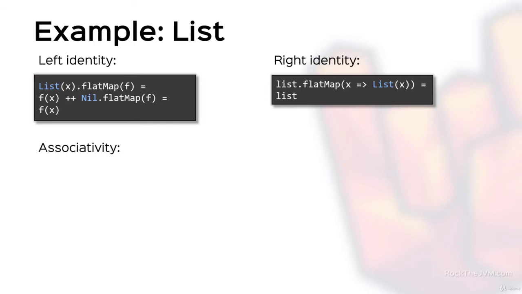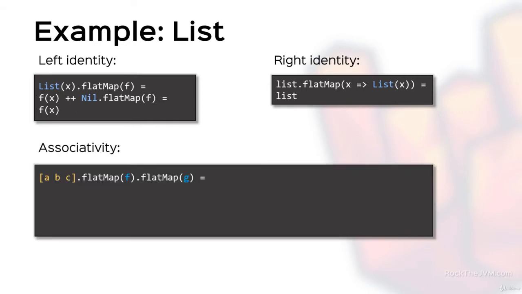Now, for the associativity law, let's break it down with an example list of three elements, and I named this ABC in yellow on the screen so that you can see it more clearly. So a list flat map f flat map g, let's break that down. So flat mapping a list of three elements applies f to each of those elements and then concatenates the results.